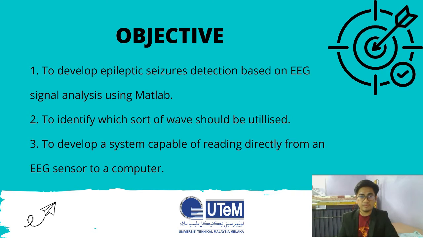From that wave, we can investigate epileptic seizure detection and obtain the optimal result for usage with a neural network. And lastly, to develop a system capable of reading directly from an EEG sensor to a computer in order to detect normal or epileptic seizure.